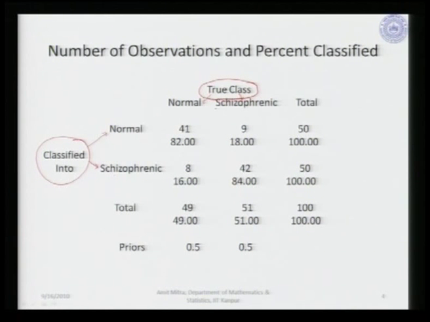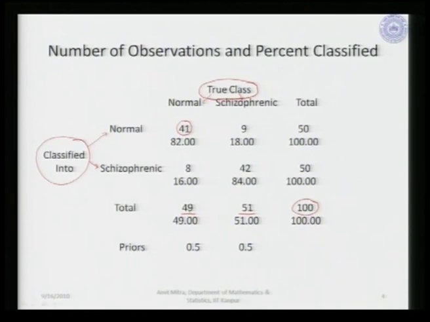From the given data and the Fisher linear discriminant function, 41 cases which had a true class membership of normal are classified as normal. The total data size is 100. Among that, 49 are normal individuals and 51 are schizophrenic.